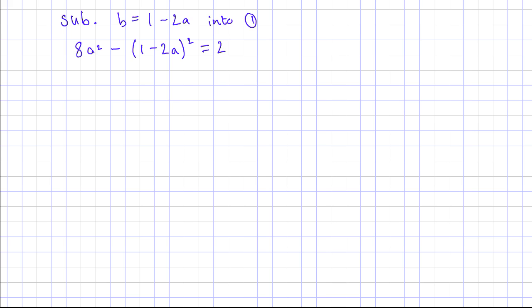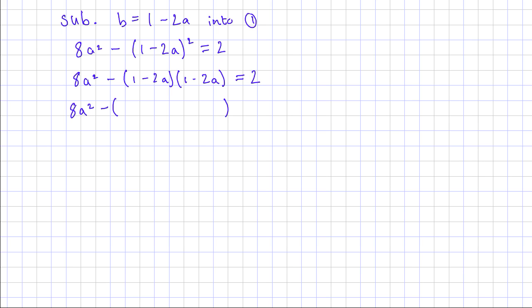So I have 8a squared minus (1 minus 2a) times (1 minus 2a), and that's equal to 2. Now I'm going to multiply out these brackets. Now when I do that, I must make sure that I put brackets around here because of this minus there. So 8a squared, take away all of what I have when I multiply this out.